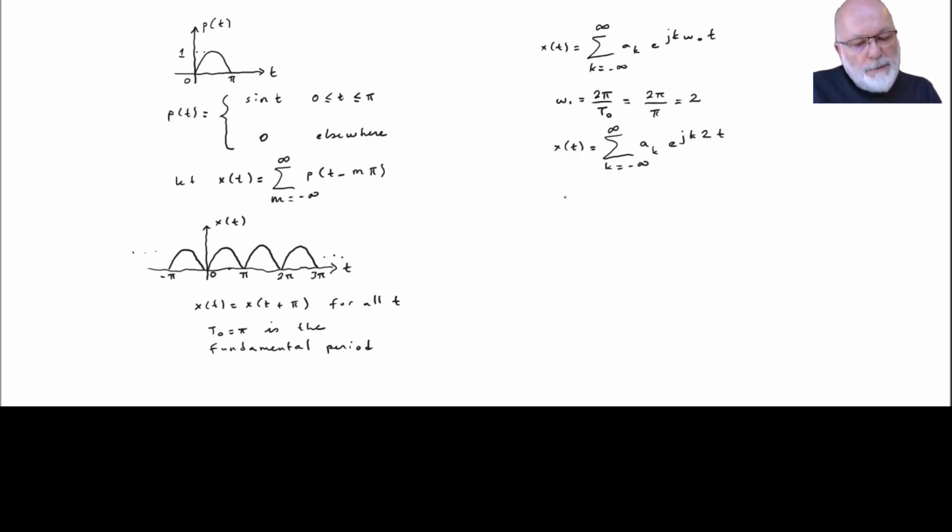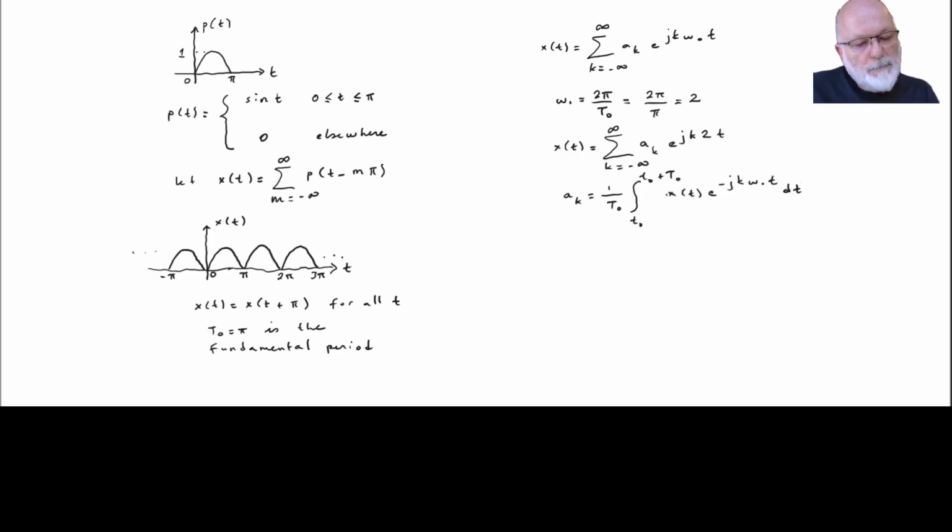Now we evaluate the coefficients, remember, by using the expression 1 over T0, and we integrate over a period from an arbitrary t0 value to t0 plus capital T0, x of t e to the minus j k omega 0 t, integrated with respect to t.